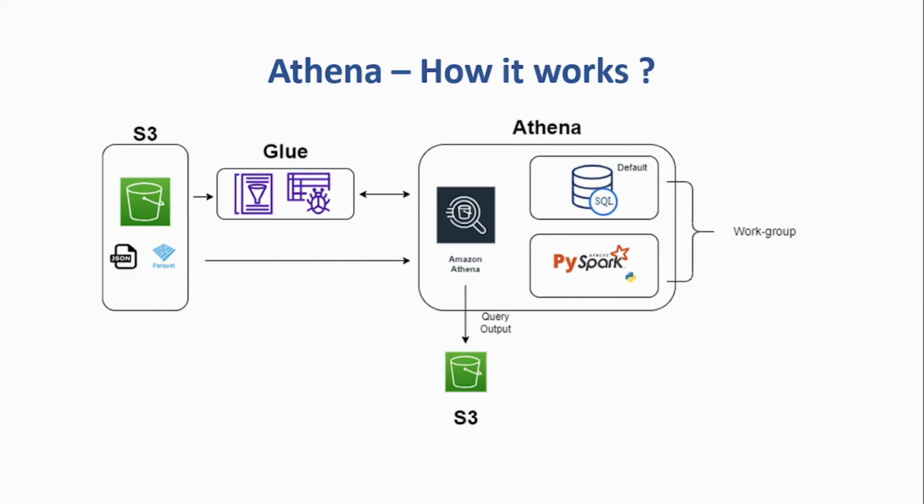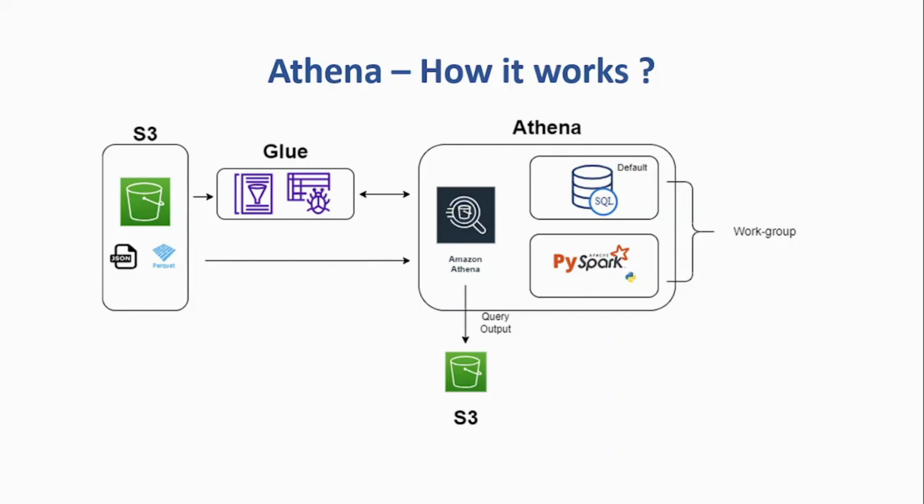By default, there is a workgroup named primary, and our SQL editor is linked to that. But for PySpark, we need to create a new workgroup. And the other thing we can see in our picture is that for the query output of Amazon Athena, we need to set up an S3 bucket.